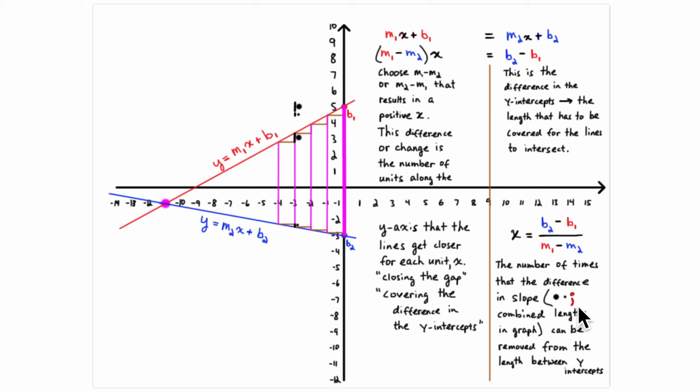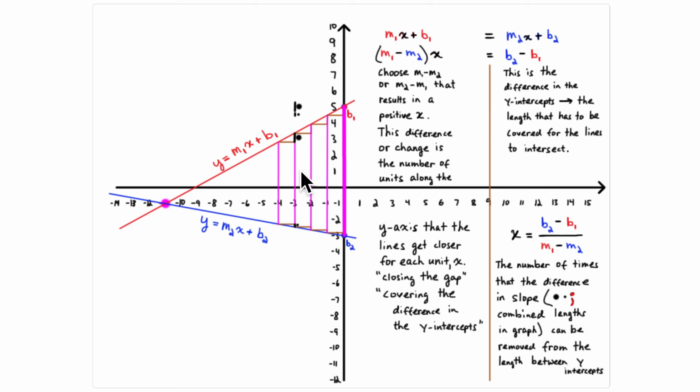It's getting hard to talk about. I tried to show this here. I put a larger dot here, that's this length, and a smaller dot here, that's this length. How many times can you take that length out of this difference? That's going to be x, the number of times it can be removed from the length between the y-intercepts.